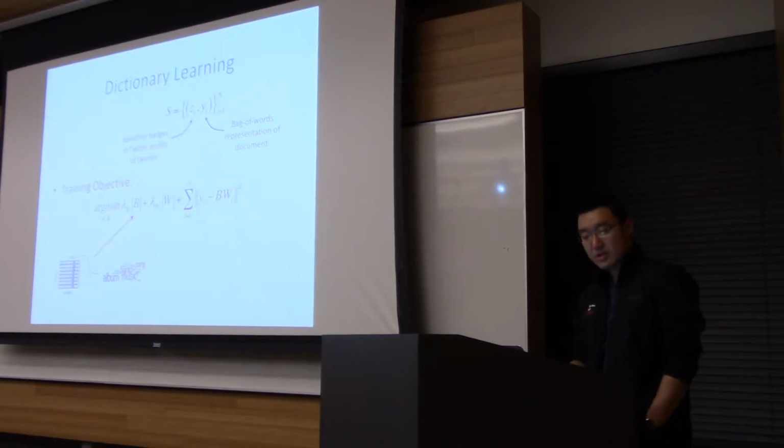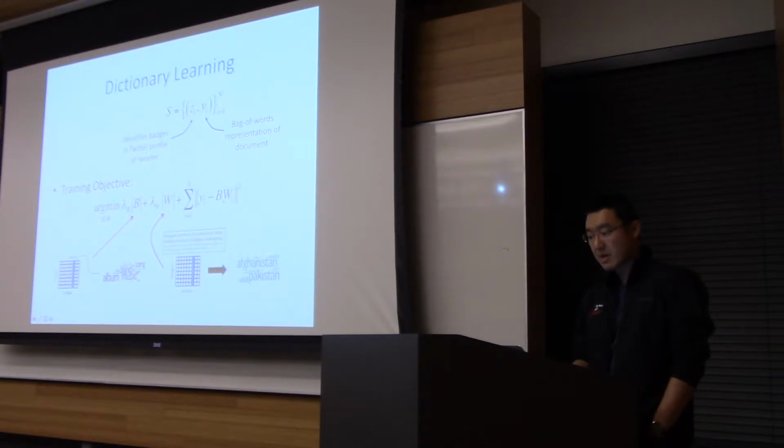So the B is the badge dictionary, and the words correspond to a linear combination of the badges to form this. So B times W_i gives you this.